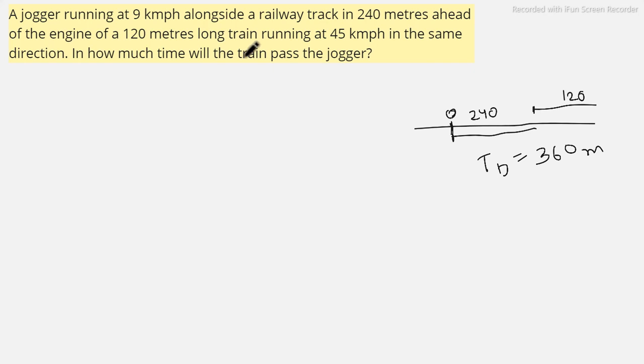Now they are running in the same direction. When two objects are running in the same direction, the effective speed will be subtracted. So this is 45 minus 9, that is 36 km per hour.